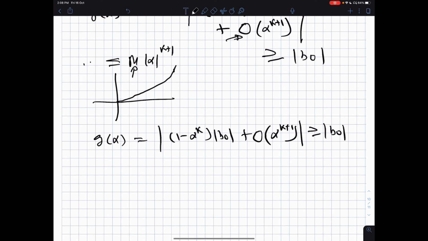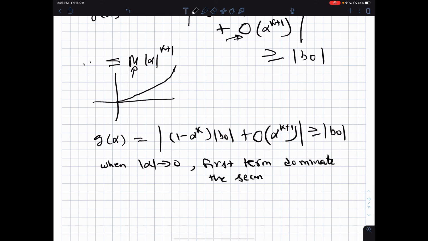Okay. Now by our big O notation itself, we know that as mod of alpha tends to 0, the first term will dominate the second term. Is it not?